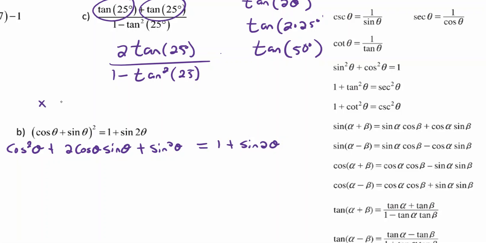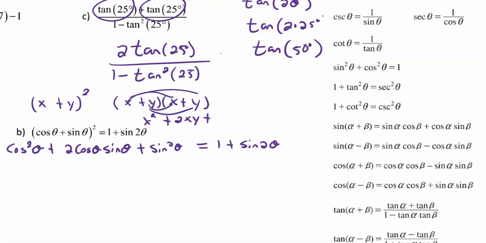Maybe I'll just do it quick. Let's pretend that this was just like x plus y squared. What I did there is it was just like x plus y times x plus y. We'd expand all of that, and we'd end up getting x squared plus 2xy plus y squared, right? So we just got the same thing, but with cos and sine instead of x and y. Now let's see if we can do some stuff with this. So look at this.